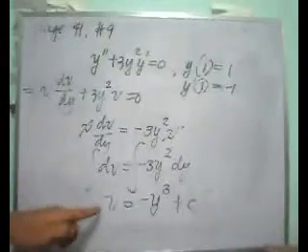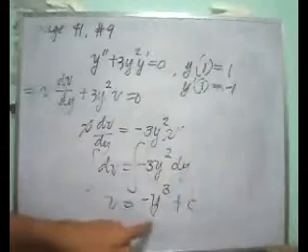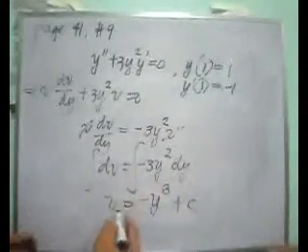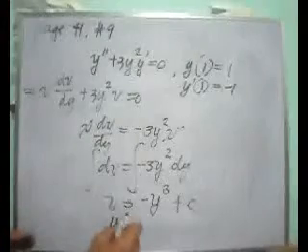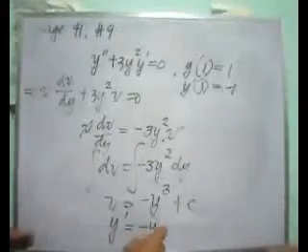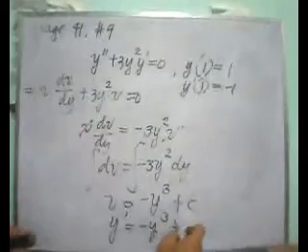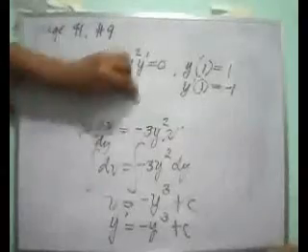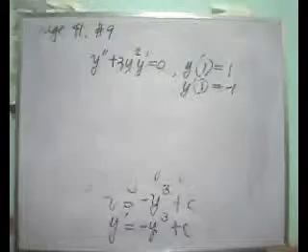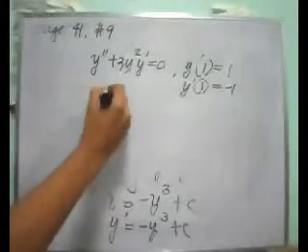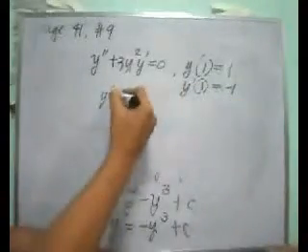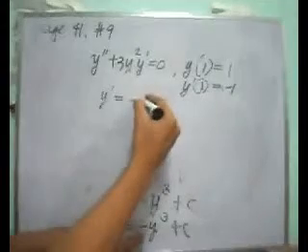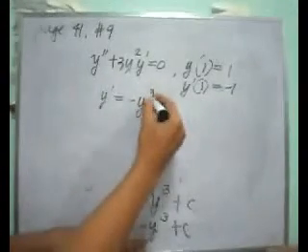Now this one here is when y prime equals negative y cubed plus c. Now we have to find the value of c. Okay, first thing is that we use the initial conditions given. y prime equals negative y cubed plus c.